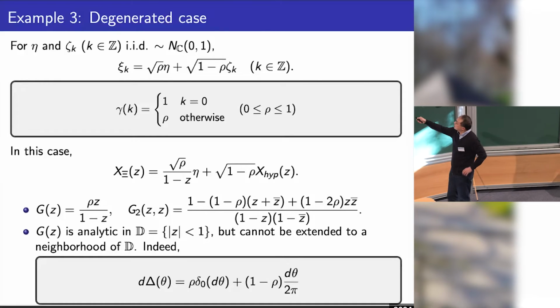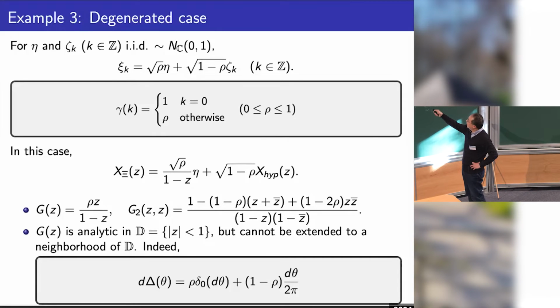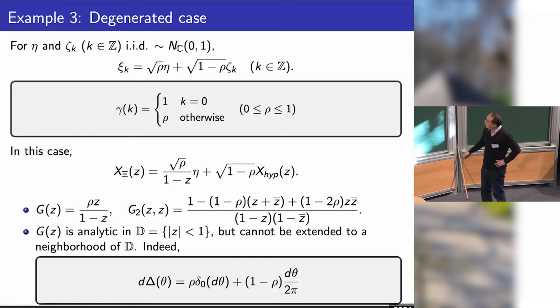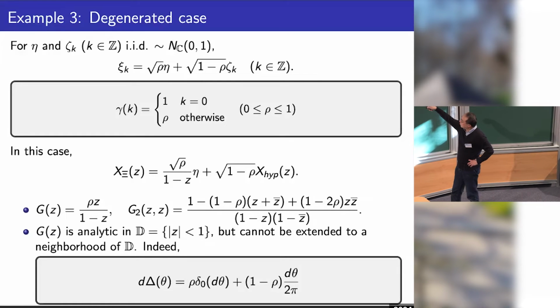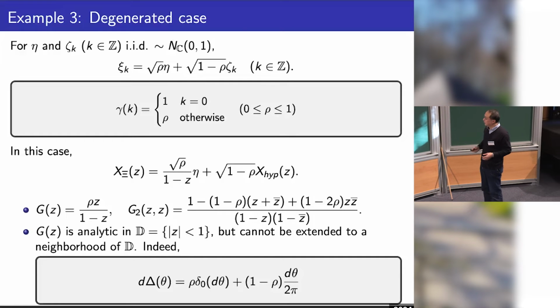And in this case, our graph is something like this: a linear combination of eta plus the original hyperbolic graph. Then the spectral measure is not absolutely continuous in this case, and you have some singular part here. But otherwise, the second part is almost the same as the i.i.d. case.